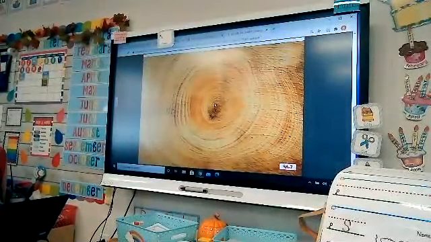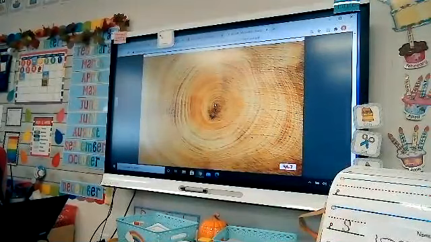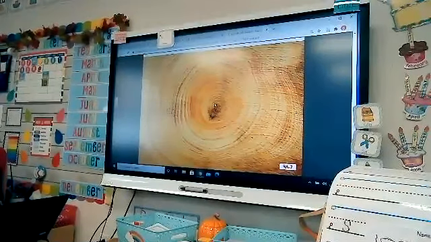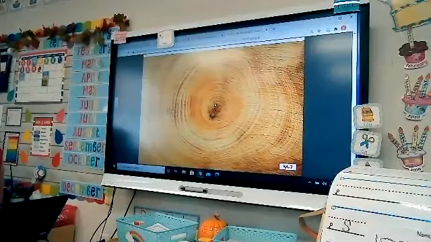Did you know that a tree adds a new layer of wood each year? This new layer forms what is called a growth ring. When you cut down a tree, you can see the growth rings. You can tell exactly how old a tree is by counting the rings. How old do you think this tree is? Luke said he thought it was old. Luke, why do you think it's old?